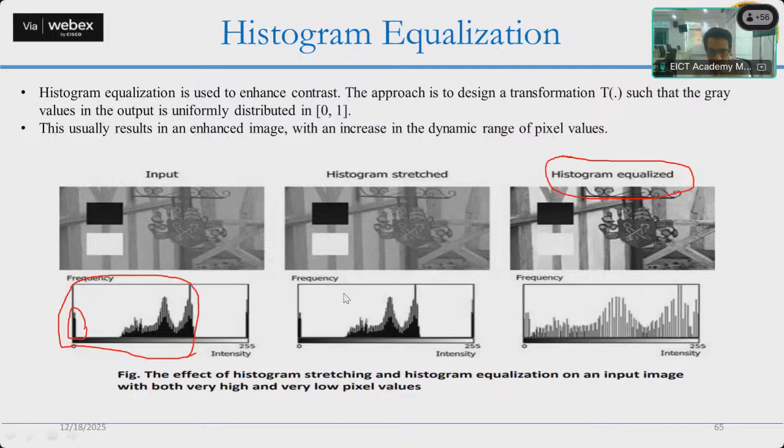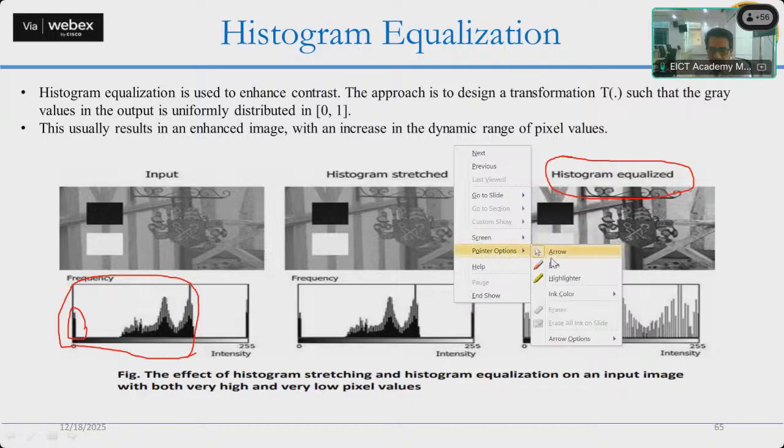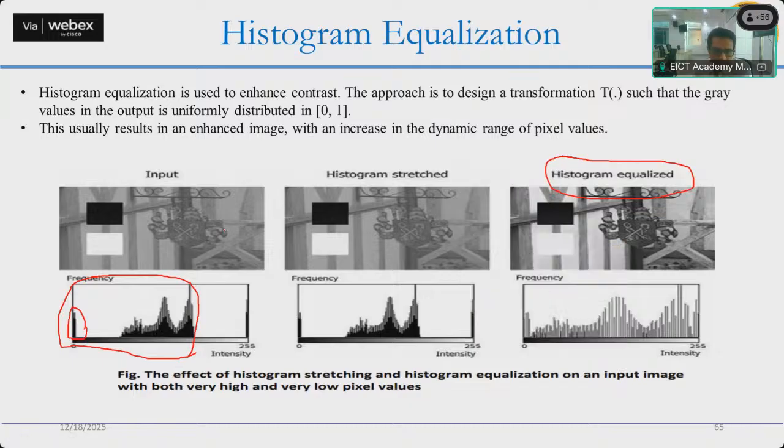In that case, try to understand what is happening. It is 255 upon R max minus R min.